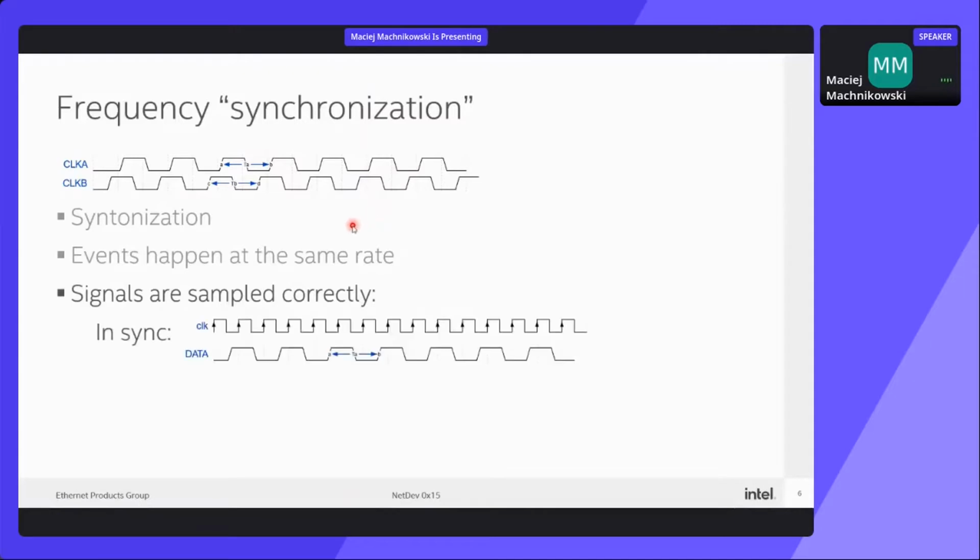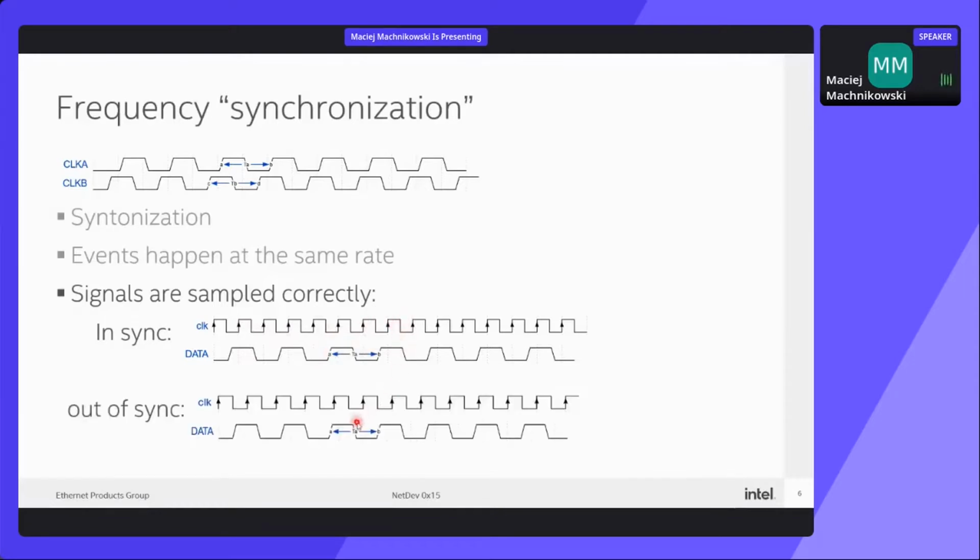correctly. So in the case when the clock is synchronized with the data stream, and in this example, let's assume we are sampling the data on the rising edge of the clock, then when the frequencies match, we will sample the data correctly in all of the cases.